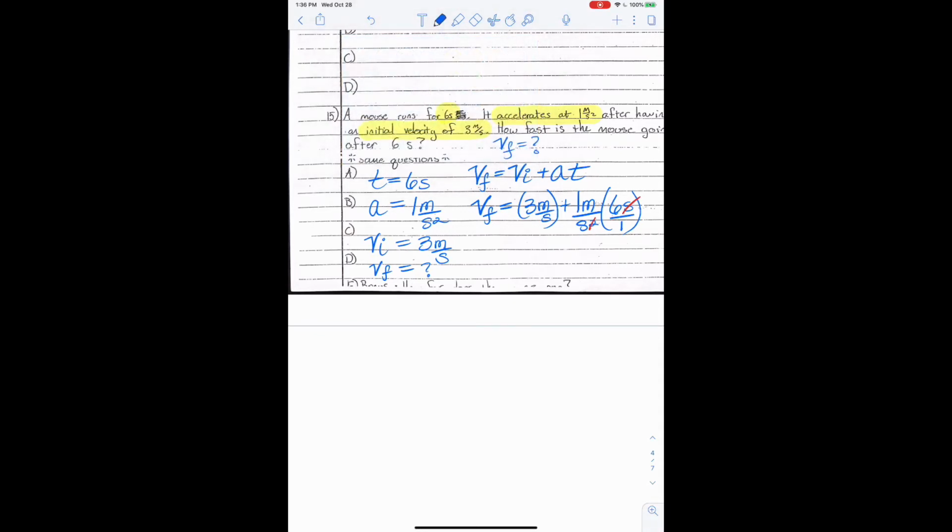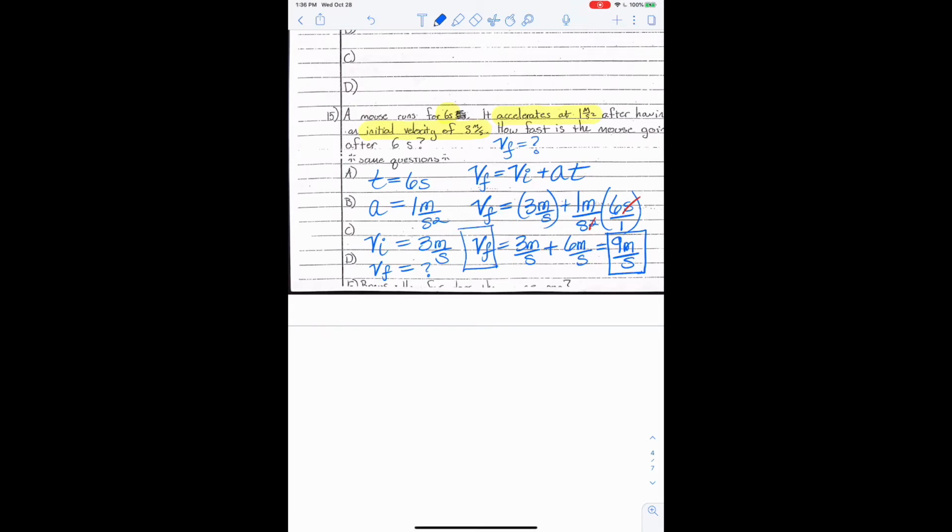So switch back to blue. So VF is equal to 3 meters per second plus 1 meter per second times 6, which is just 6 meters per second. And that's going to give us 9 meters per second. All right, so this is our answer for VF here, right? 9 meters per second.